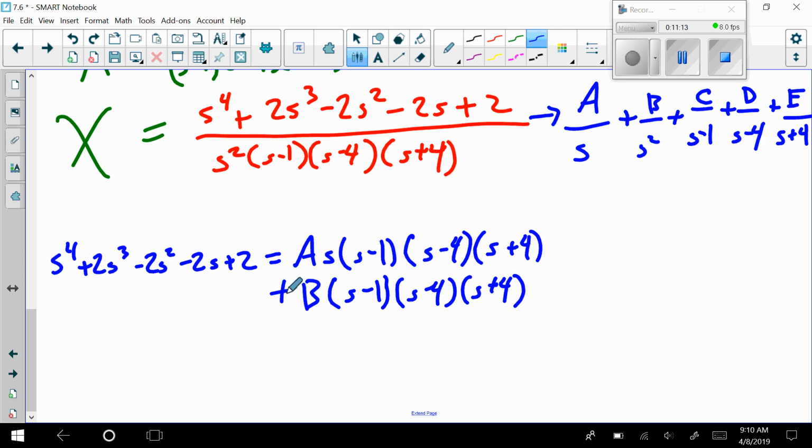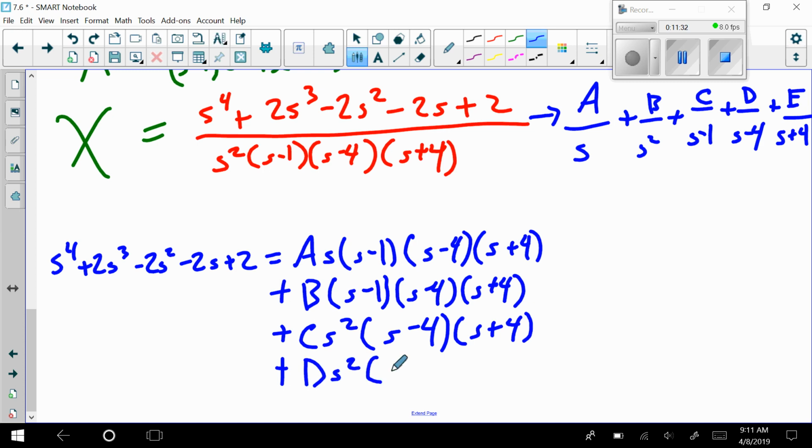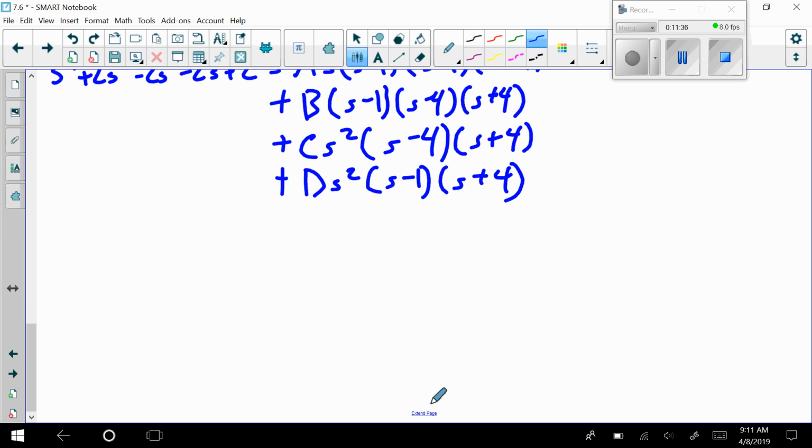Of course, there's a plus sign here. And then I would have C would need s squared, and then s minus 4, s plus 4. It's kind of a terrible plus sign. Let's get rid of that. And then I have to add in my D, which would need s squared. That'd be an s minus 1 I would need, and an s plus 4. And finally, E would need an s squared, s minus 1, s minus 4. Okay.